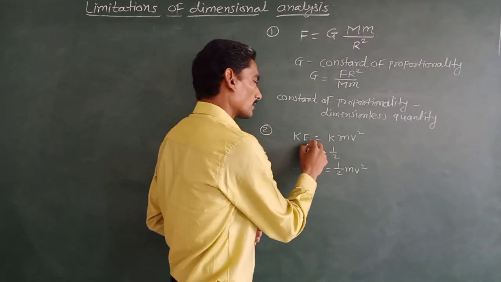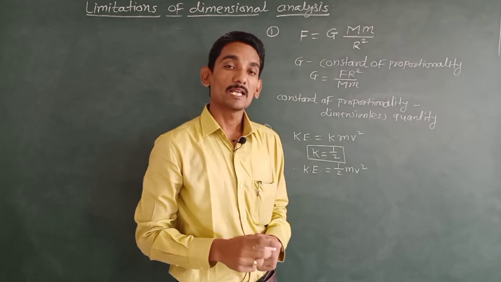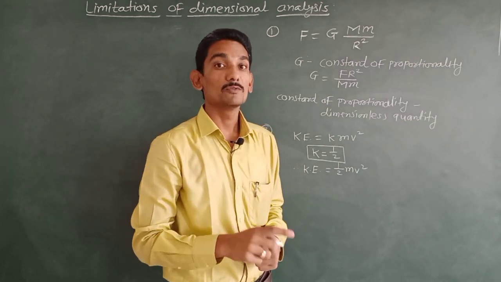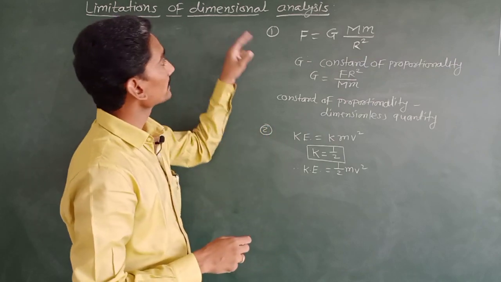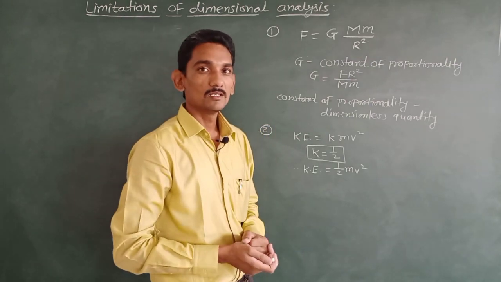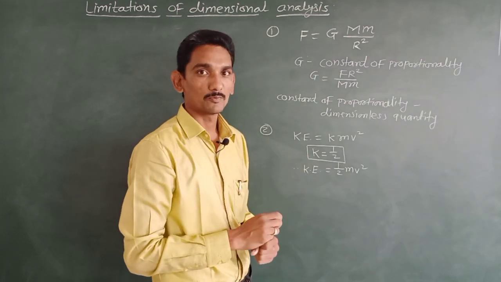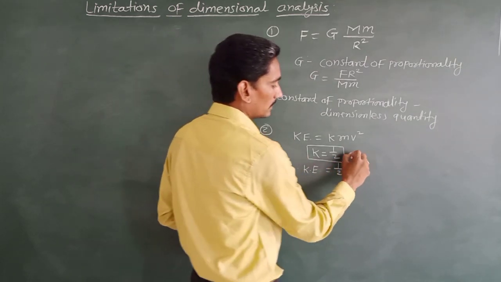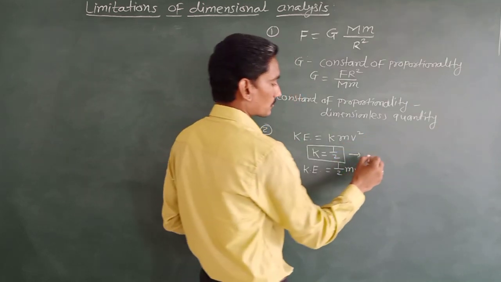This value of the constant of proportionality can be calculated by using experiments only. That means by using dimensional analysis we cannot find out the value of the constant of proportionality.